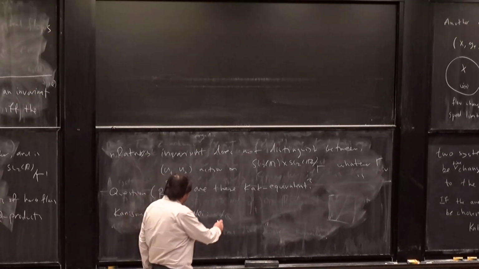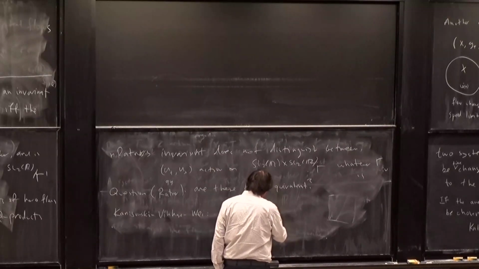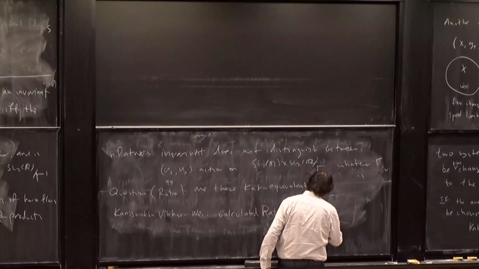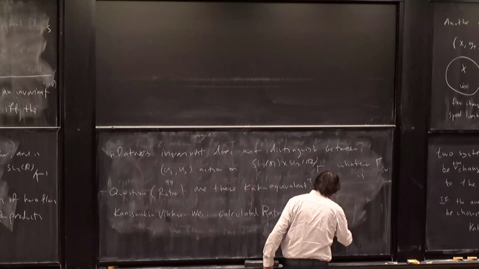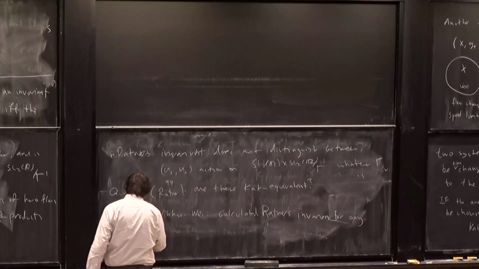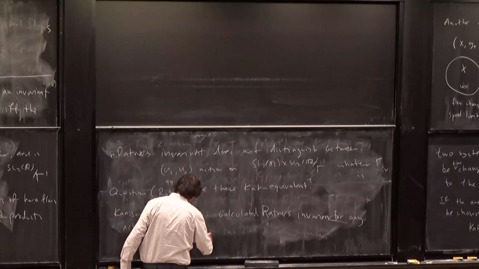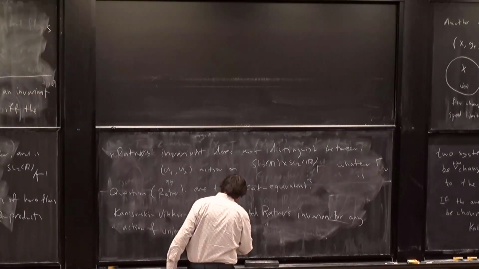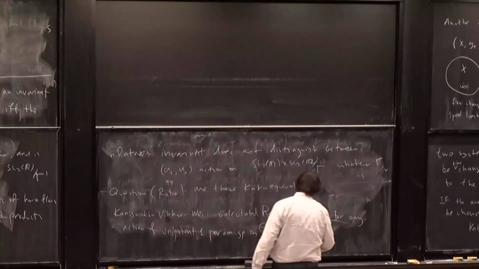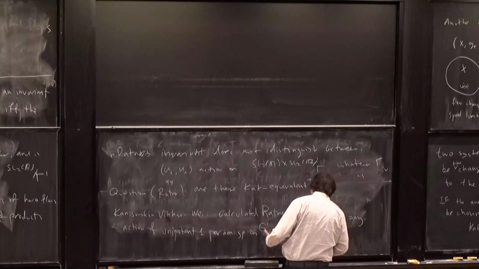They calculated Ratner's invariant for any unipotent action, any action of one unipotent one parameter group on a quotient G mod gamma, G being a linear algebraic group over R, or in fact its connected component.